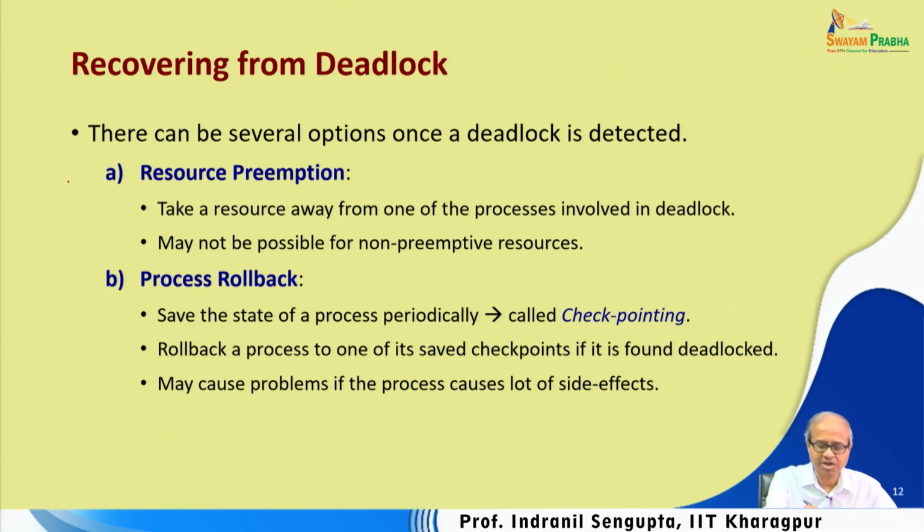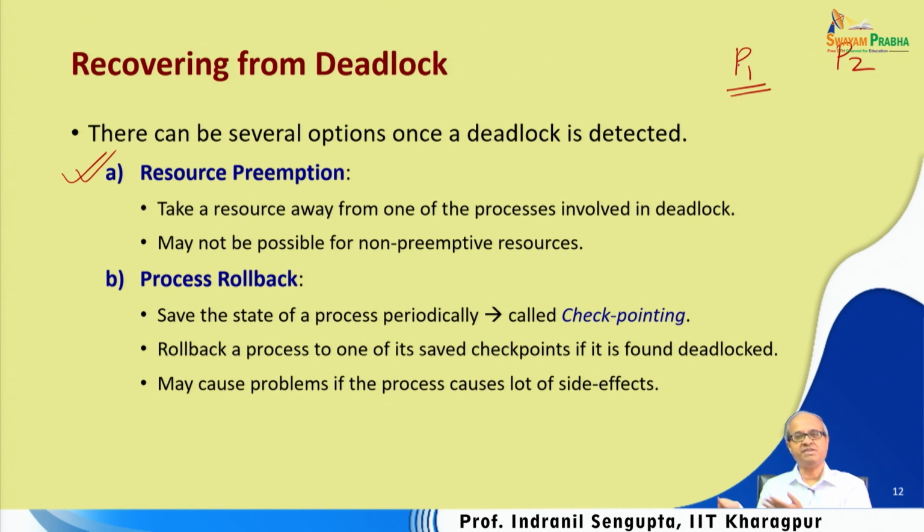The first one is that, wherever possible, you can use resource preemption. Suppose you find that there are 2 processes, let us say P1 and P2, involved in a deadlock. You take away the resources currently held by P1. Do not kill the process P1. If the resources are preemptible, take them away temporarily and give them to P2 if P2 is waiting for them.